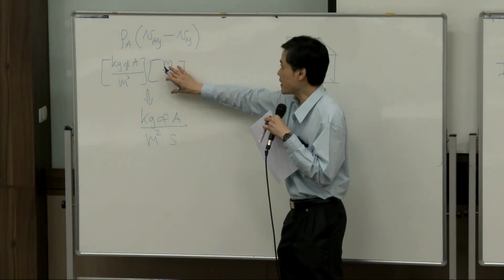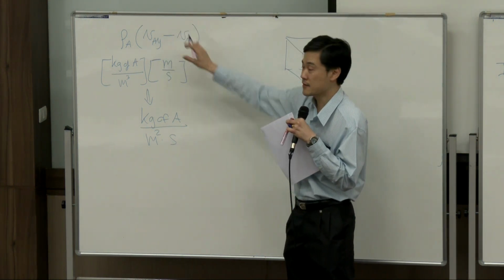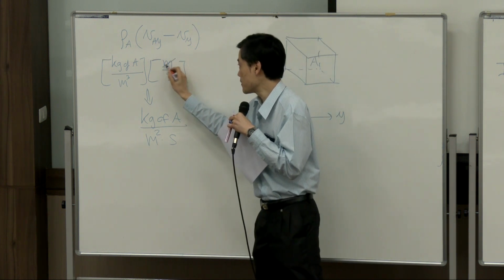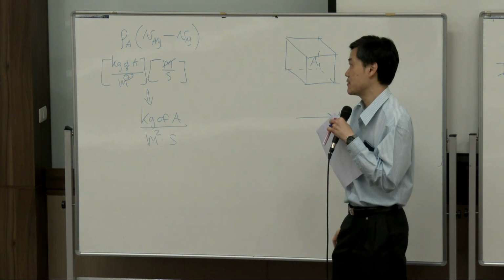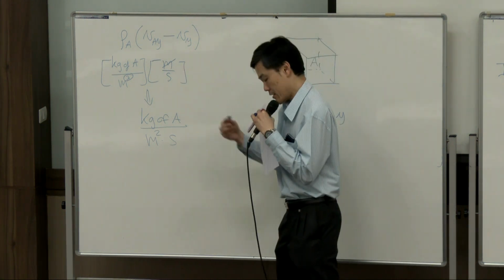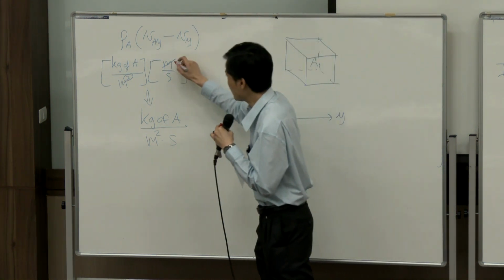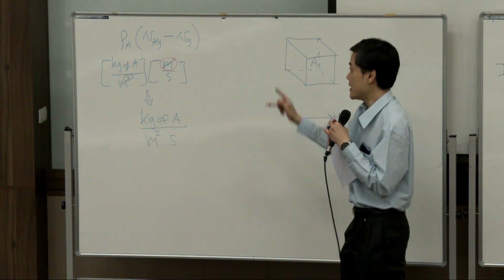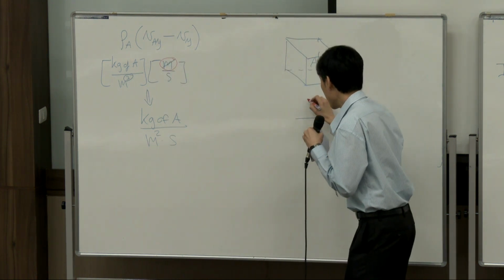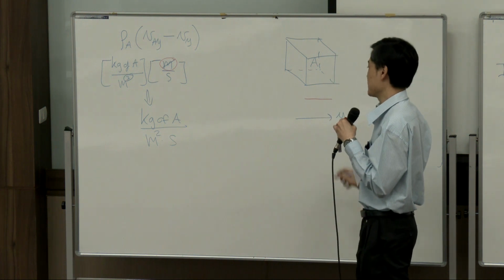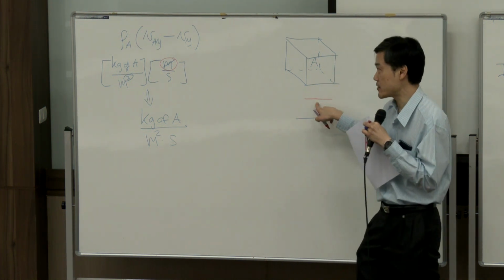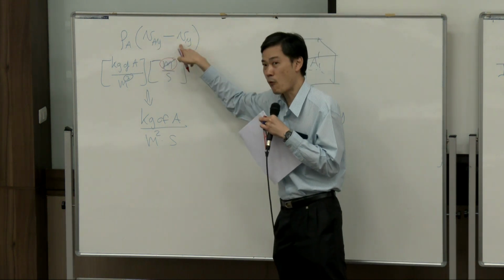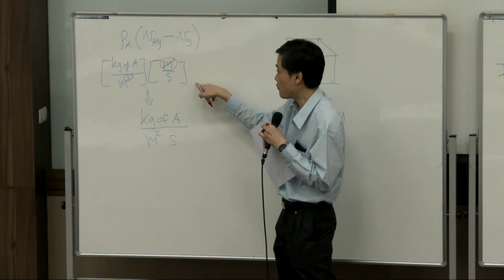If I multiply by velocity, this meter and one of these meters would cancel out. This meter, if I highlight it in red, is meter in the y direction. So this is length in the y direction because this is Vy, velocity in the y direction.